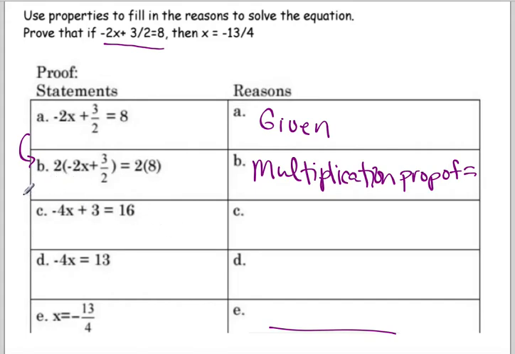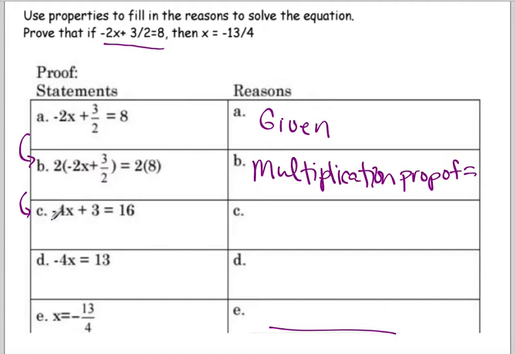Now, from B to C, some people mess this up. Some people put multiplication because they are multiplying the 2 with the stuff here and the 2 with the 8 to get that. But multiplication is when you are multiplying both sides of the equation by the same number, and we already did that in step B. Step C is a matter of simplification, and we have to think of what we are doing to simplify this.